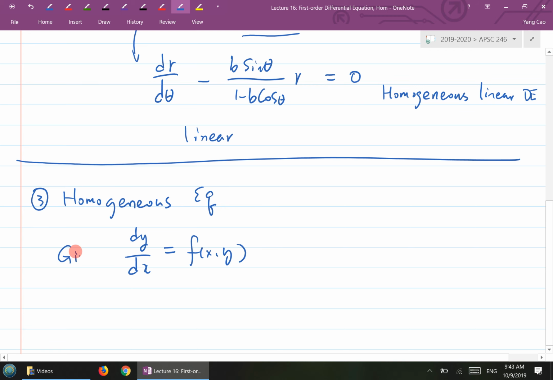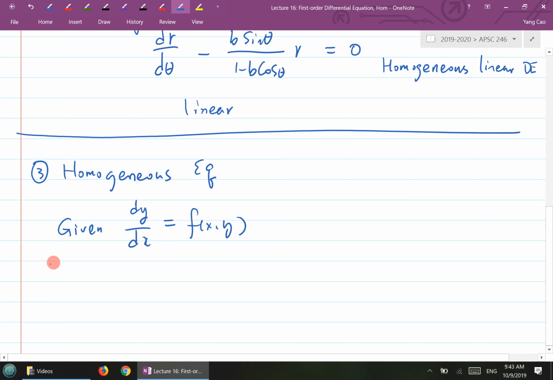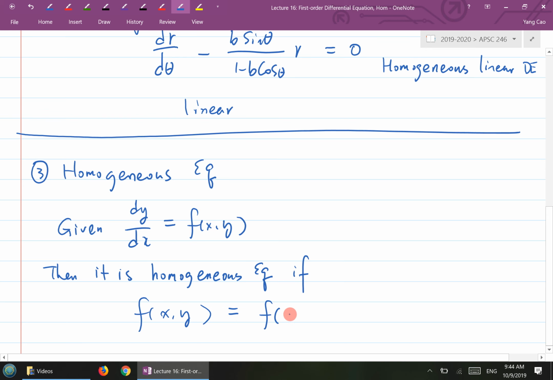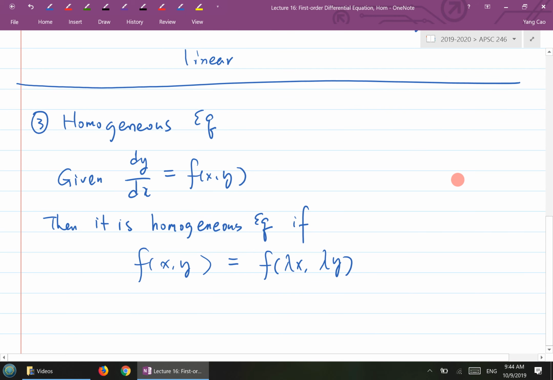So given this first order differential equation, then it is a homogeneous equation if this function f(x, y) equals function f(lambda x, lambda y), and lambda is a constant.